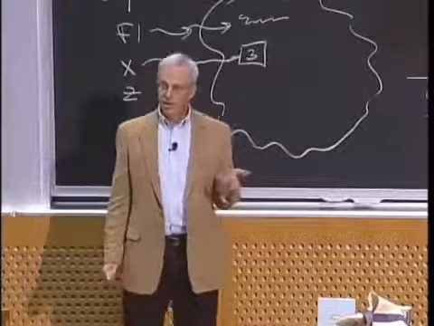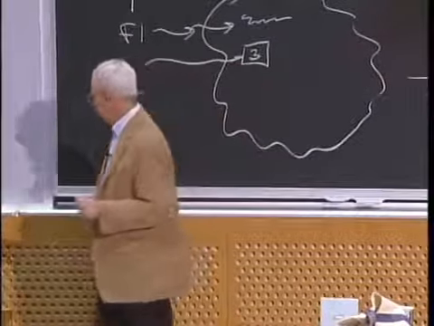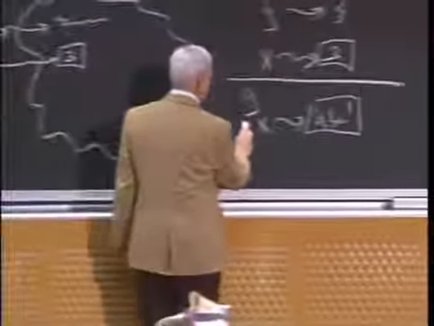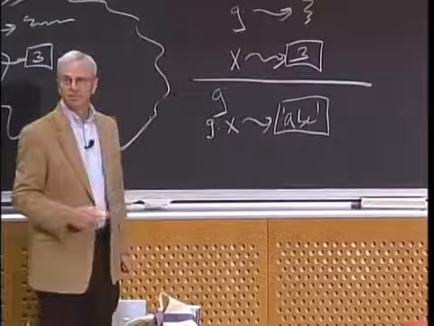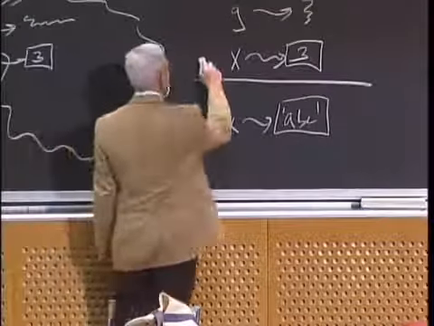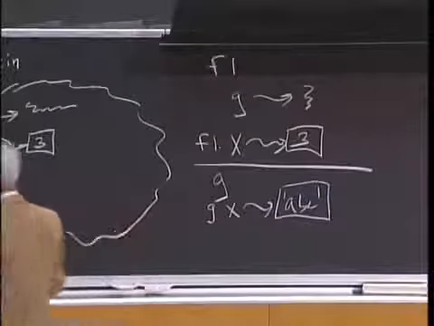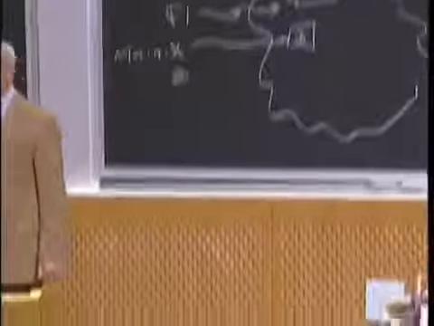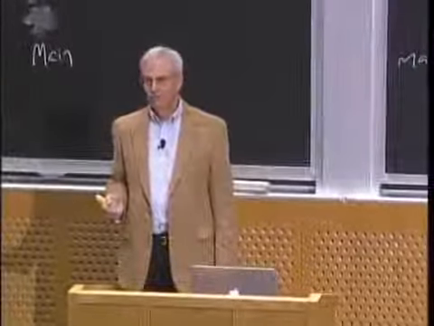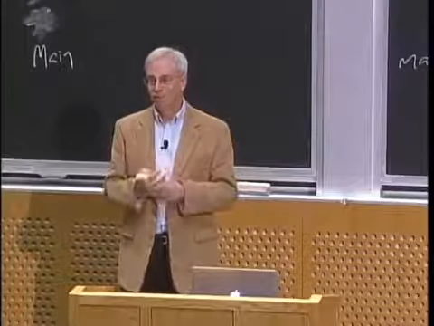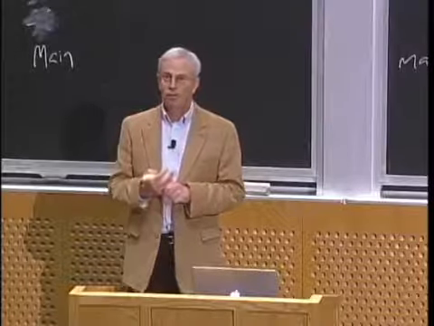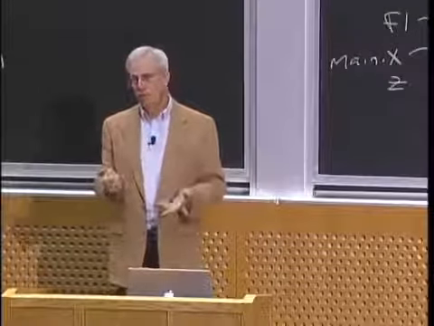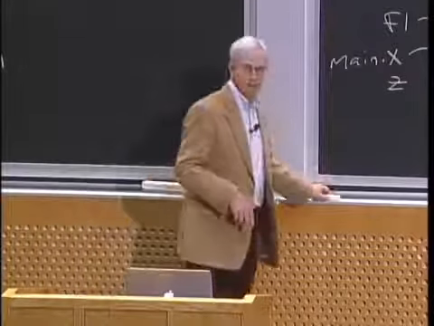So one of the ways to think about it, and we'll see this later when we get to classes, a lot later, you could, if you wanted, think about this as really the name g.x. And you could really think of this as the name of f1.x. And you could think of this as the name of main.x, indicating that they're really not the same. But it would be kind of a pain to write them all that way. Okay? So different scopes have different names available to them. You can use the names in the scope, and you have to keep track of what they mean.